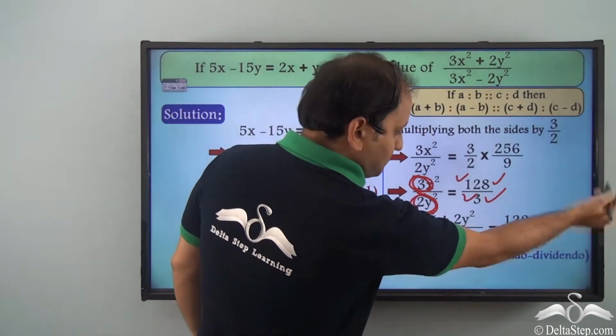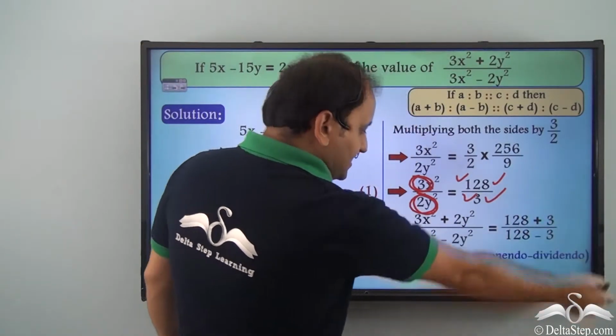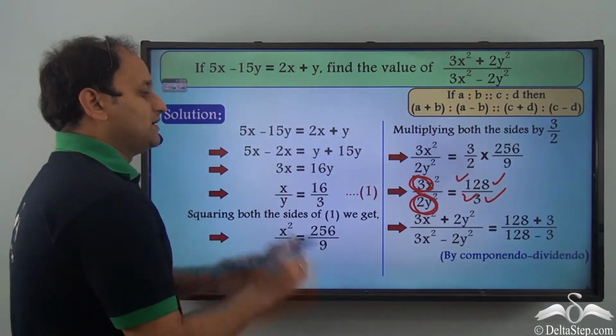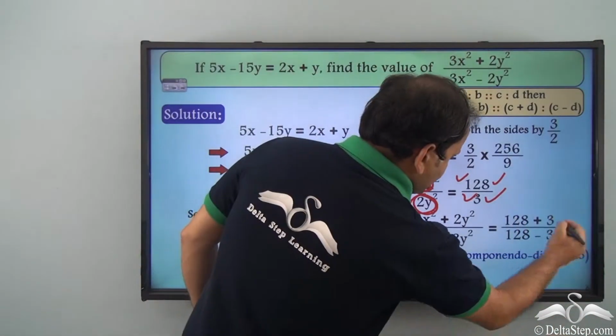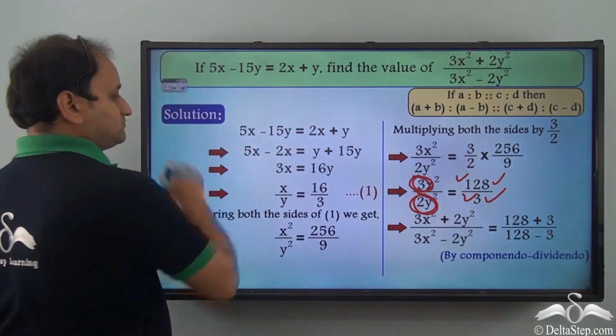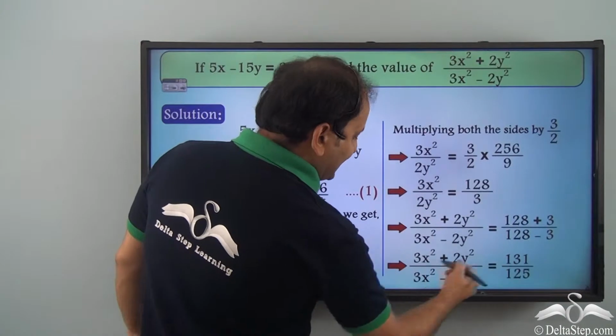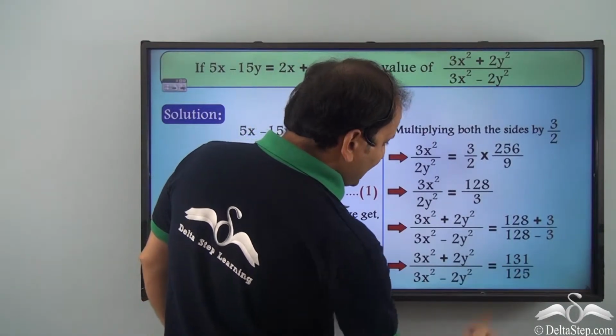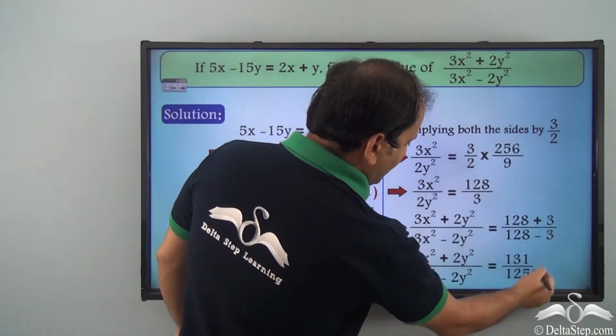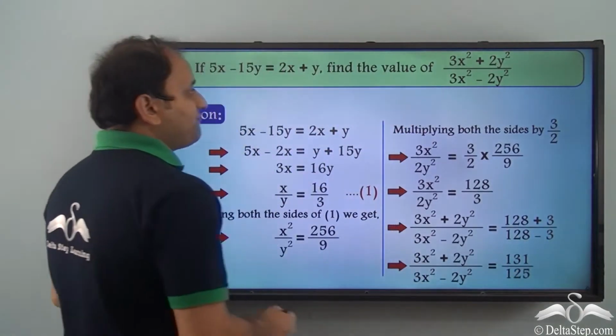So 128 plus 3 by 128 minus 3. Now if we solve this, what do we get? We get (3x square plus 2y square) by (3x square minus 2y square) is equal to 131 by 125.